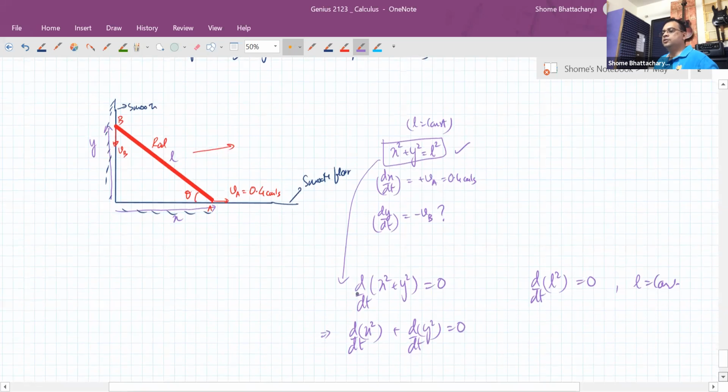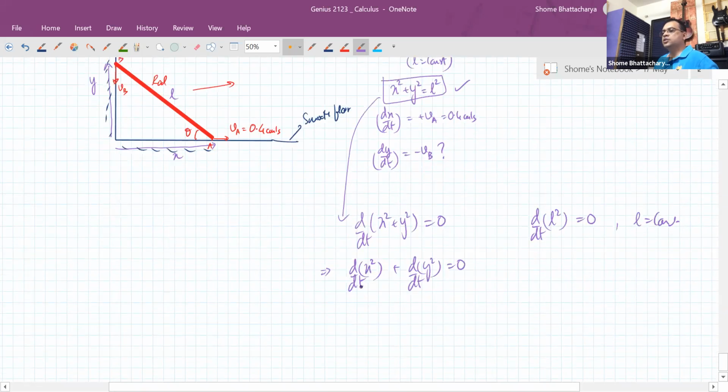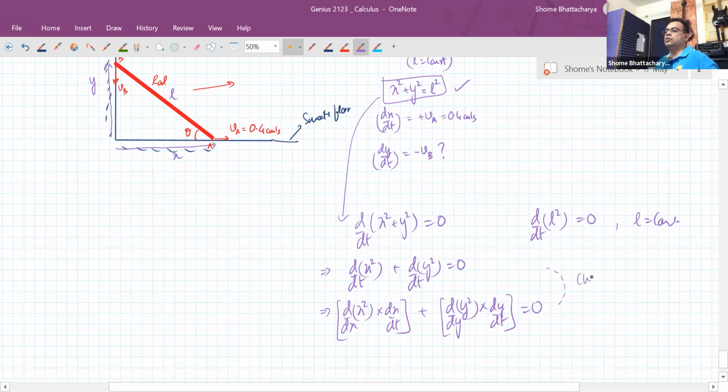Then you apply the chain rule. Differentiating x square with respect to time gives the differentiation of x square with respect to x into dx by dt, plus the differentiation of y square with respect to y into dy by dt, and this should be equal to 0. So from this step to this step, we just applied the chain rule. Are all of you clear up to this step? Yes, sir.